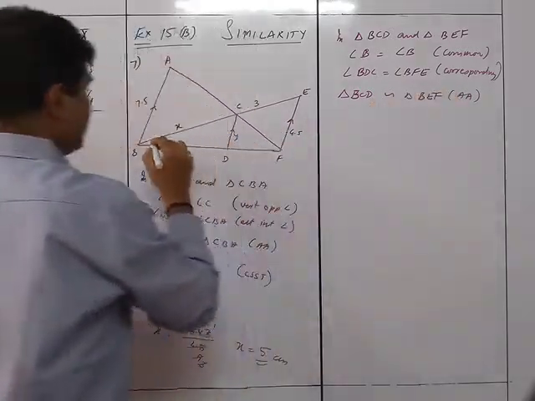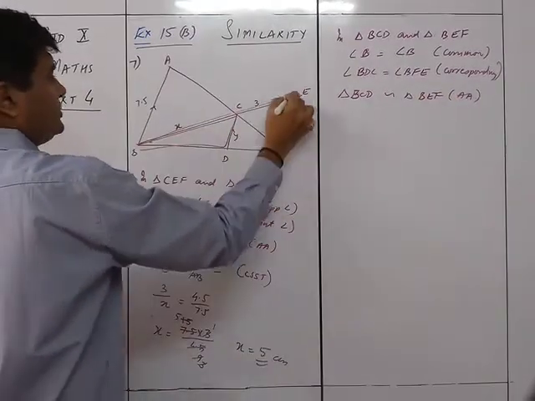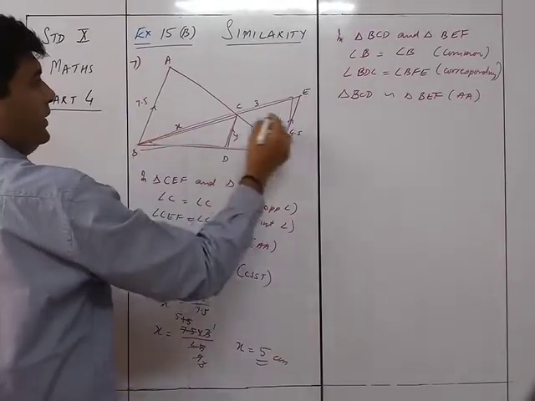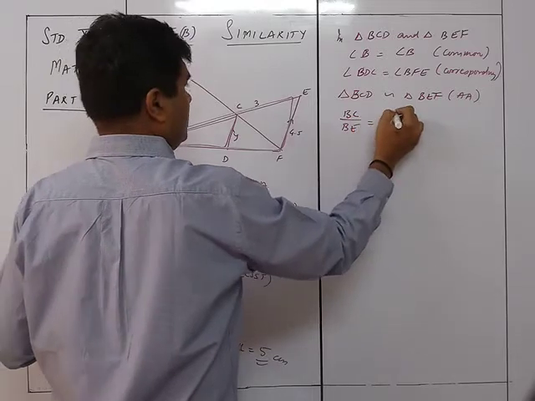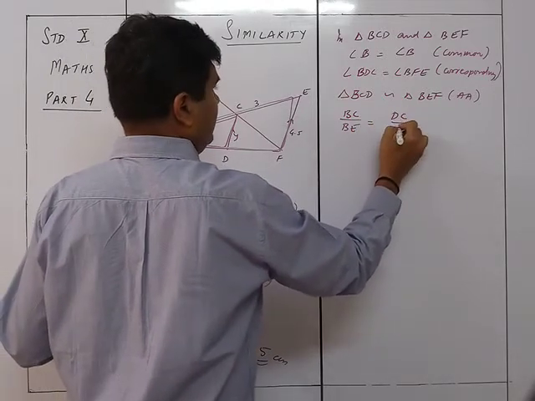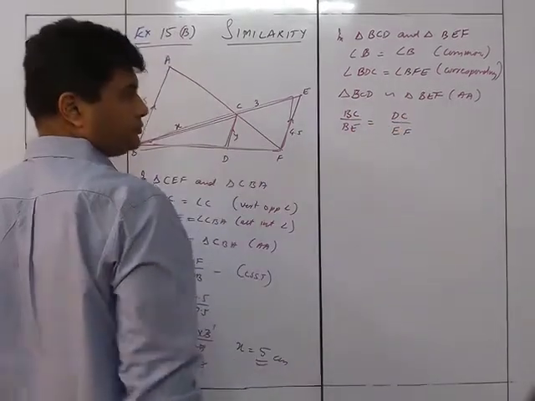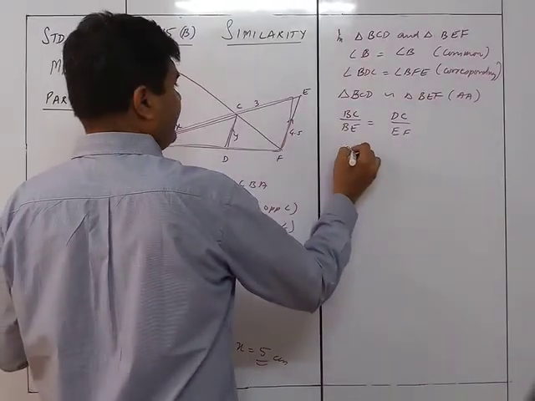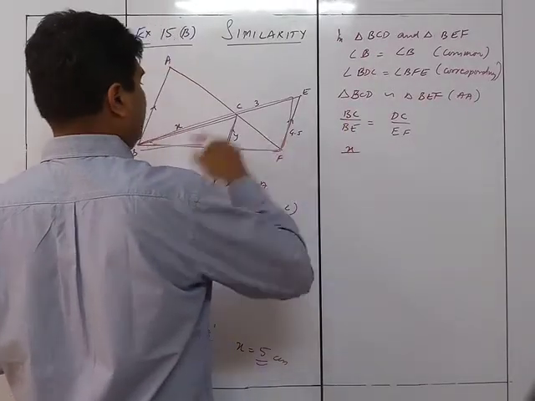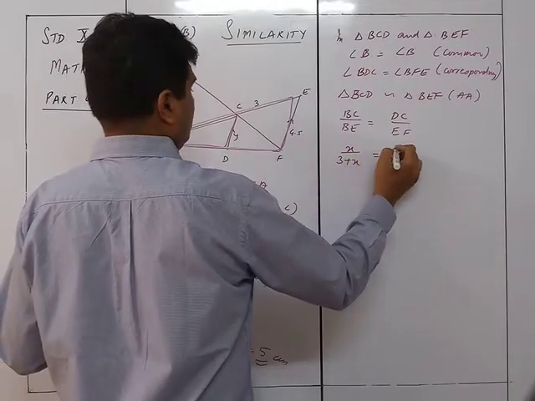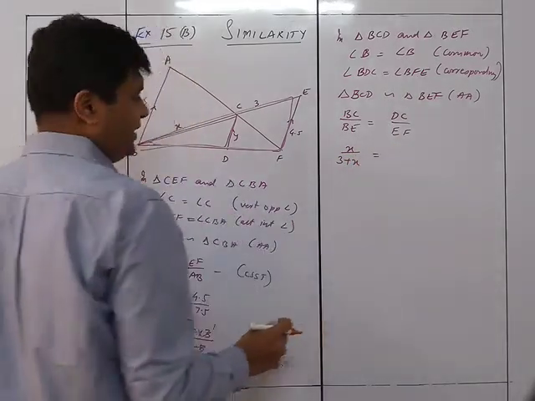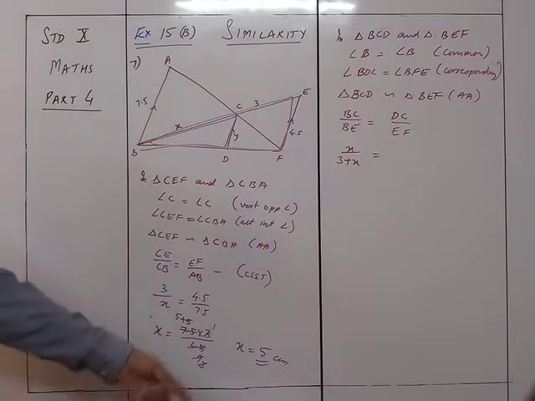So this is the triangle, this triangle and this triangle. So it is going to be BC upon BE is equal to DC upon EF. BC is X and BE is 3 plus X, and DC is Y. X we already found out is 5.